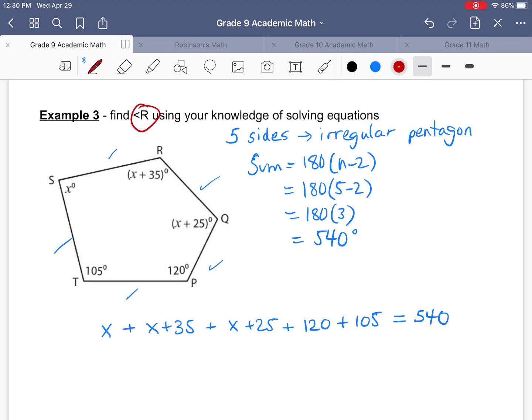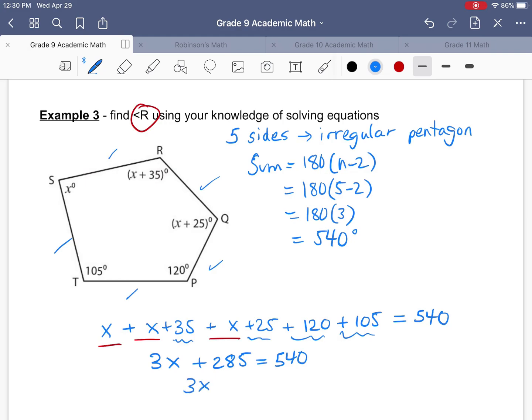Now we're going to gather our like terms. So we have x and x and x, which gives us 3x, and 35 plus 25 plus 120 plus 105 gives us 285, and that is equal to 540.